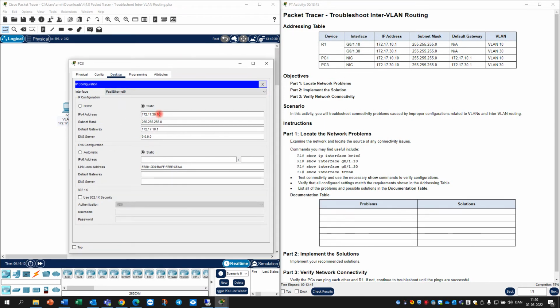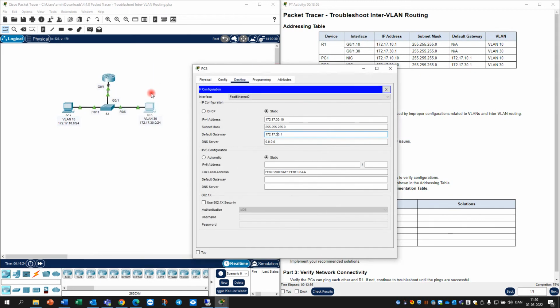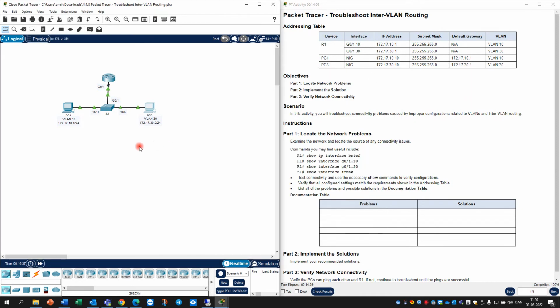This is 30.10, and this is not correct. The default gateway is not correct. This should be the IP address of G0/1.30, which is a member of VLAN 30, and it should be fixed, and we have fixed it. Okay, now we have implemented the solution for all of them.